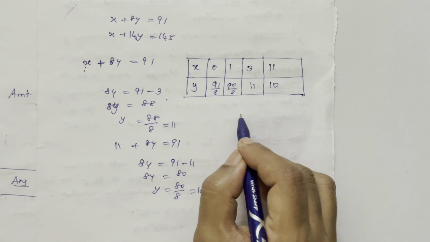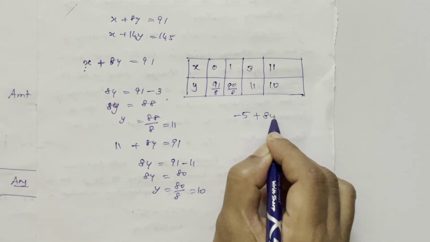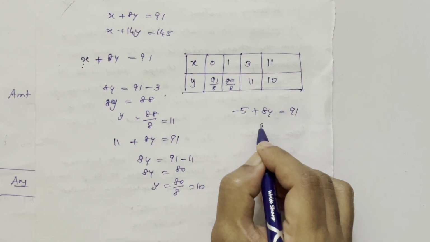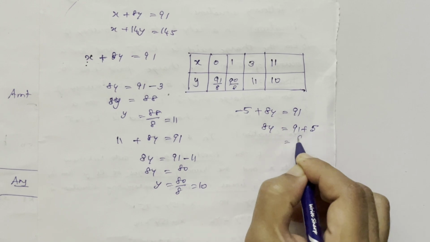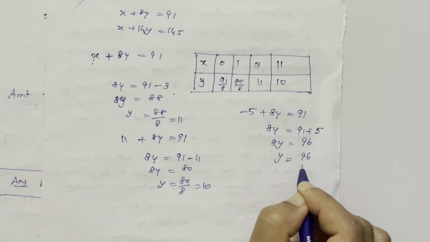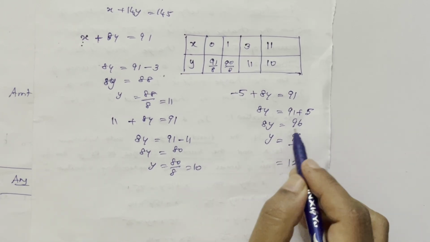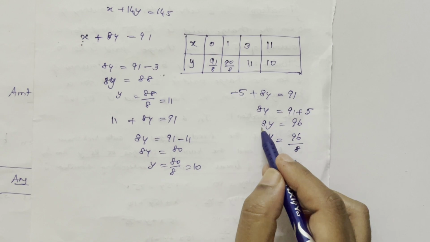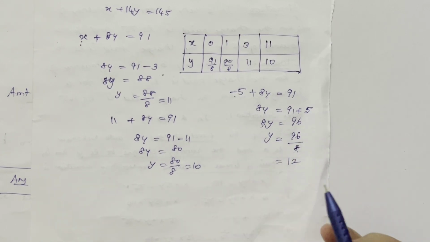One negative number I am taking, x is minus 5. Minus 5 plus 8y equal to 91. 8y equal to, now I am getting 96. The right-hand number should be divisible by 8, so I took minus 5 for x.